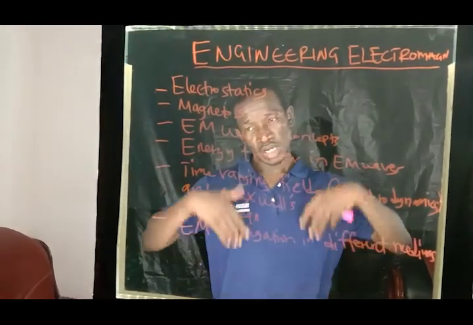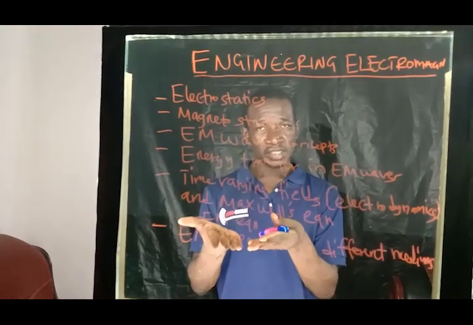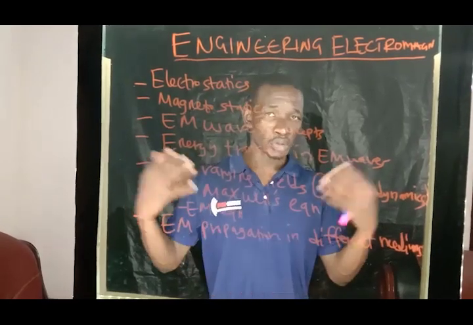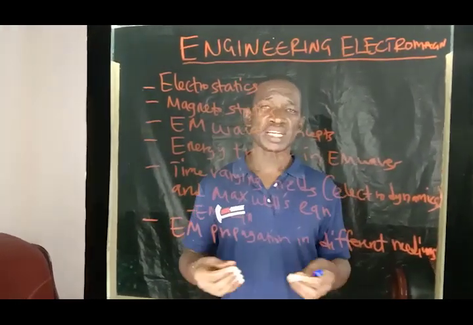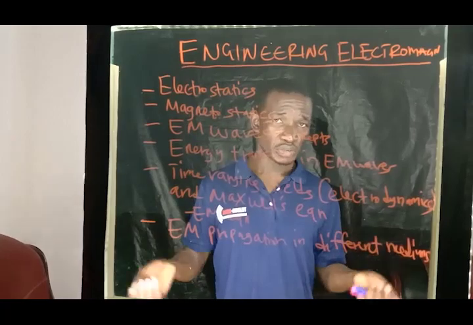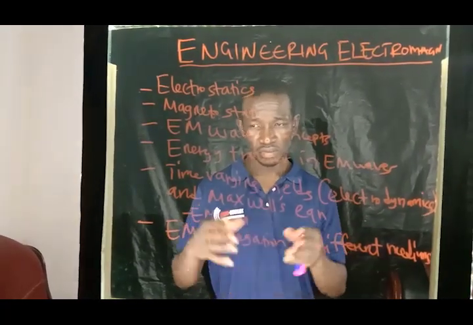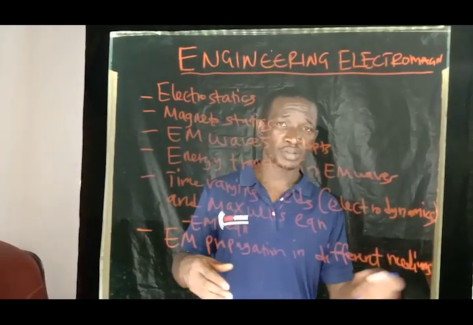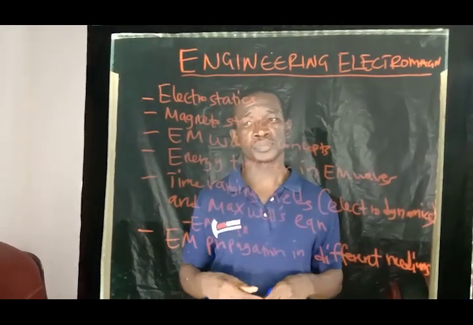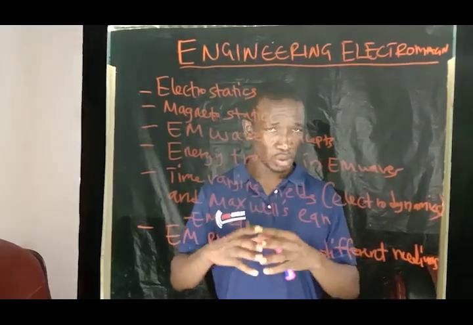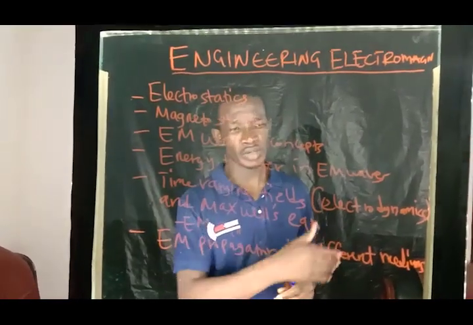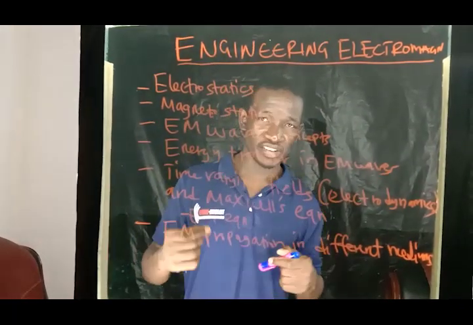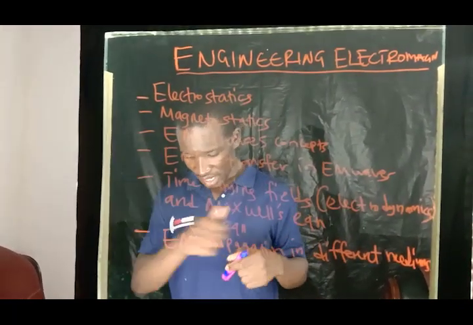So we're going to look at how, for example, light or electromagnetic waves travel through glass. How does it travel through conductors? How does it travel through insulators? And so on and so forth. So we're going to look at dielectrics, how electromagnetic waves travel through dielectrics, how they travel through conductors, and so on and so forth. So we're going to consider different media and see actually how electromagnetic waves propagate and how electromagnetic waves are affected by different media through which they propagate.